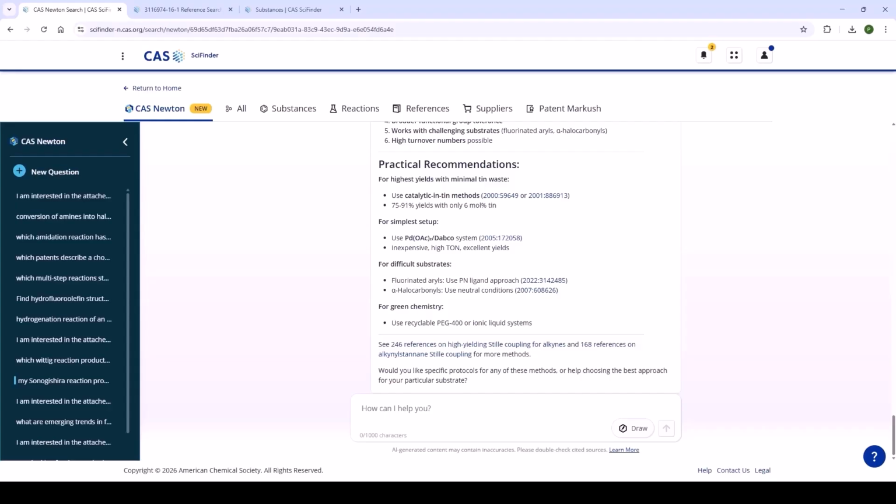We also see on your screen here some very practical recommendations, such as how to minimize waste and maximize yield. So I think this is truly the main difference for Newton, where it is leveraging science-smart AI to provide meaningful responses founded on the literature.